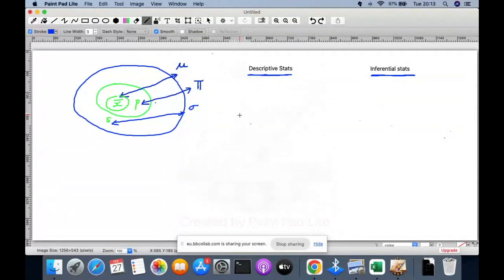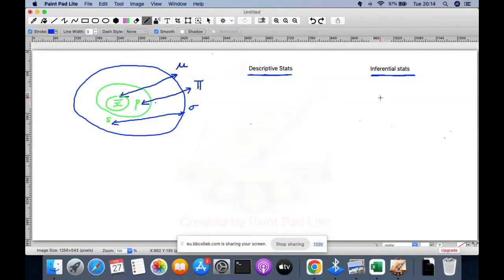So remember that when I explained about the packet of chips, say you want to draw a conclusion about the population of chips throughout the country. And that's definitely not going to be financially viable to get that information. So we use a sample to estimate that. Now, based on the sample, we can say a packet of chips is 40 grams plus or minus, in other words, give or take 0.05 grams.